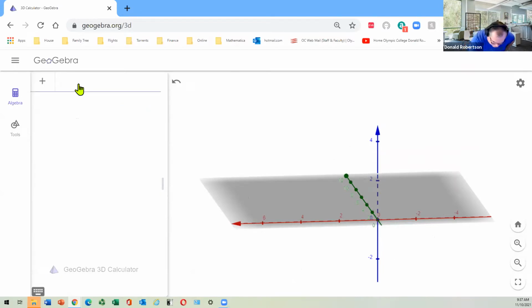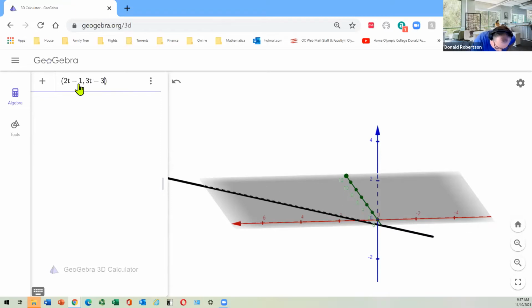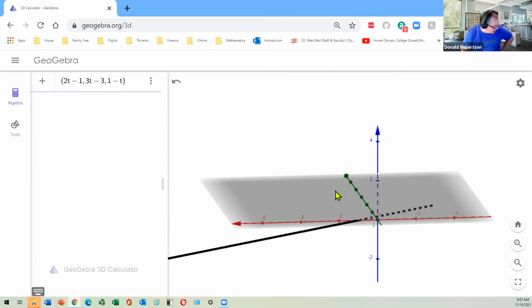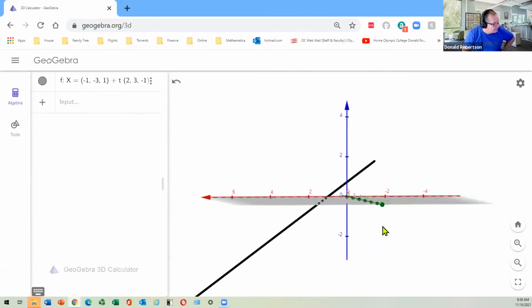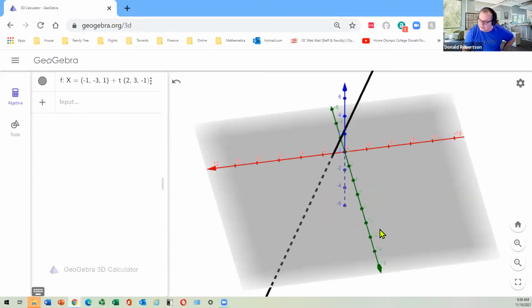And let's do a 2t take away 1, a 3t take away 3, and a 1 take away t. Do you recognize that as a straight line? Yeah, you see it? Equation of a straight line. So aren't straight lines just a vector function? And you can put any function you like for the x, y, and z components, and it will sketch it for you.